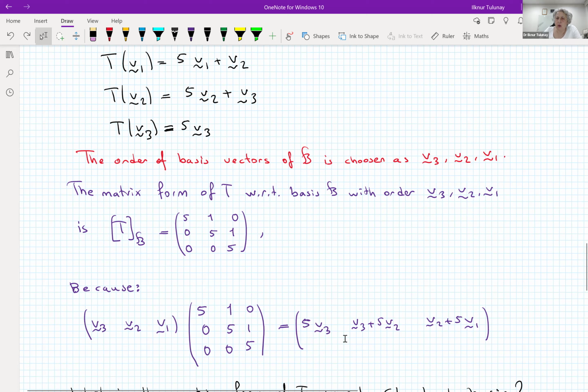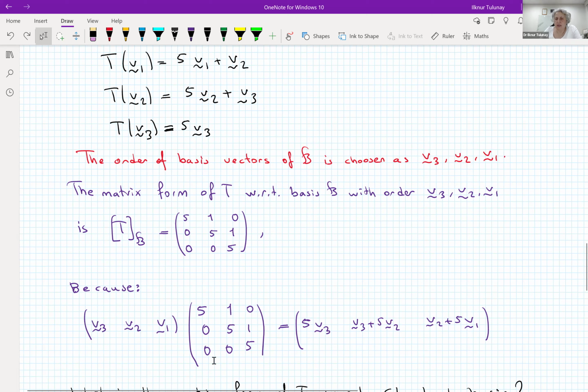I have these equations, and I have some matrix which will take me from this vector to this vector, given by these equations. I'm figuring out this matrix by thinking about the matrix multiplication.